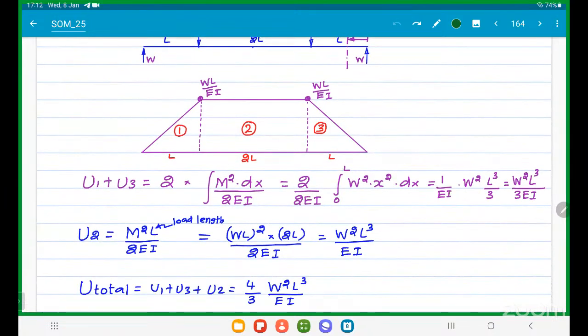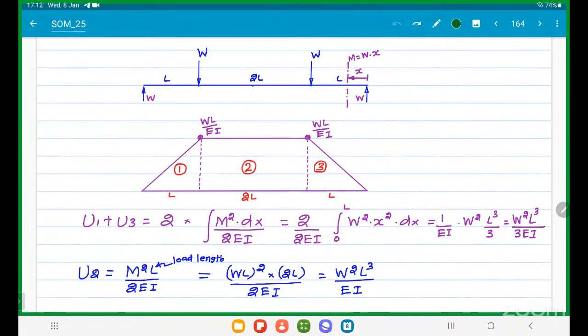Okay. So now this 2, bring this 2 outside. So 2 by 2EI into integration of Wx, you told Wx, right? M square, I want M square. W square x square into dx. So again, W is constant. Take it out.